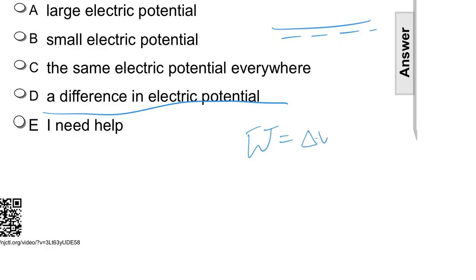Okay. Work equals the change in U equals Q times delta V. So work also equals electrical force on an object moving some distance in the field.